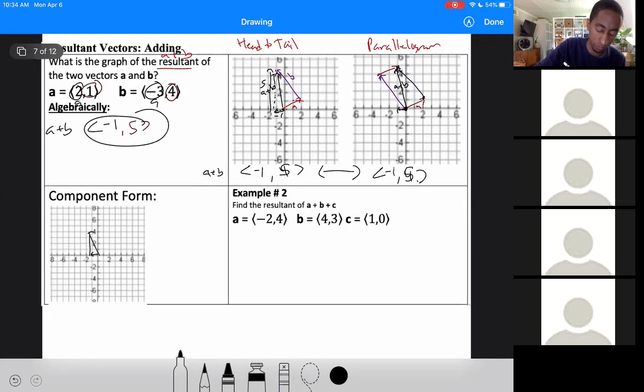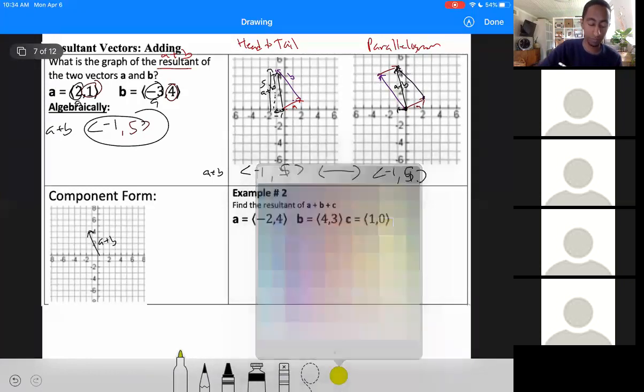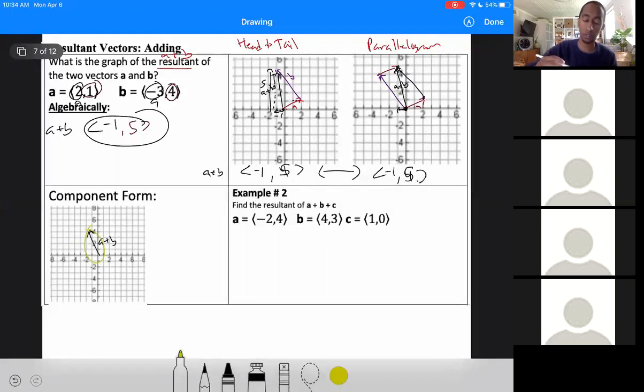This would be A plus B. And so you should see that that's going to be the same. Like this resultant vector A plus B is the same as this one and this one. So kind of any way that you do it, that's what you're going to get when you add them.